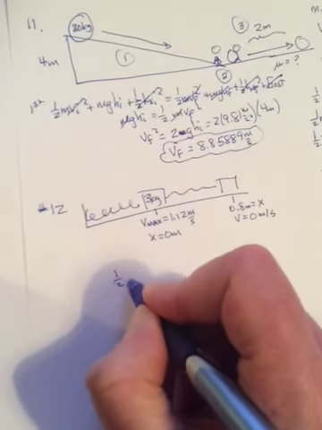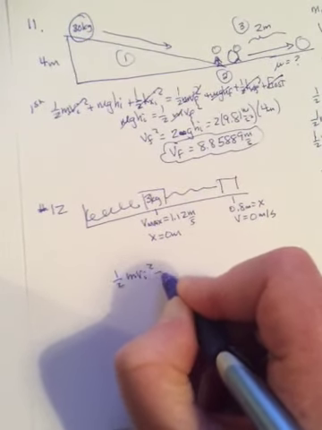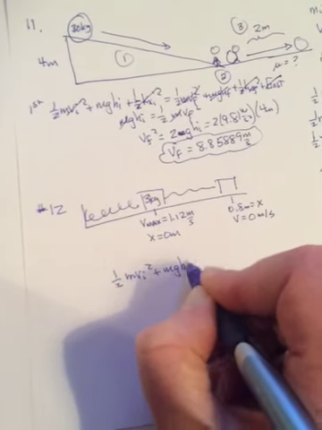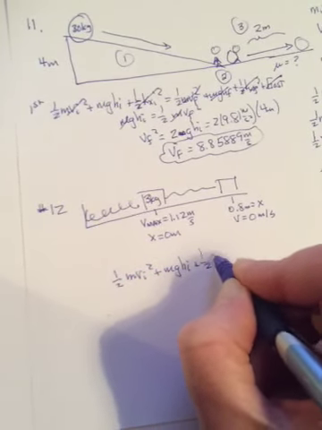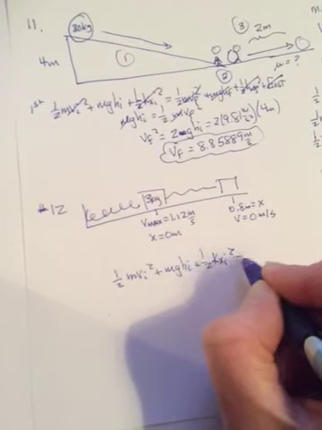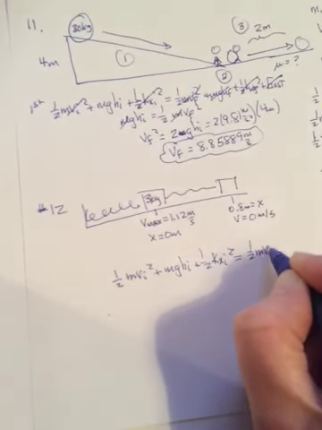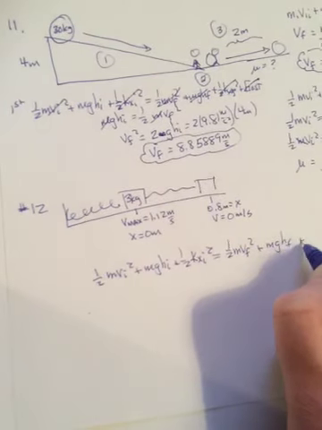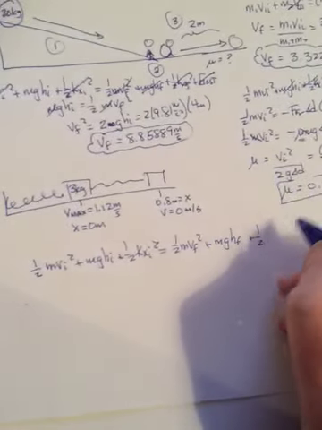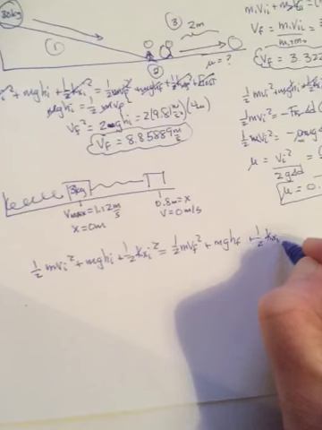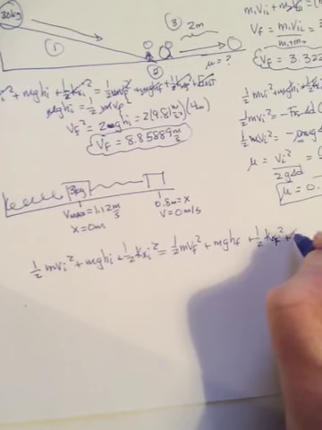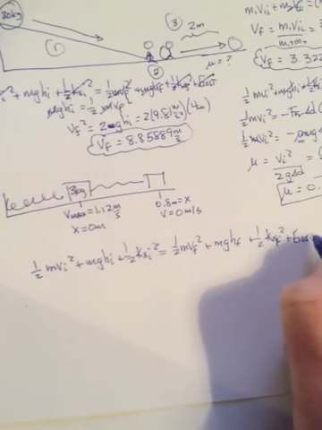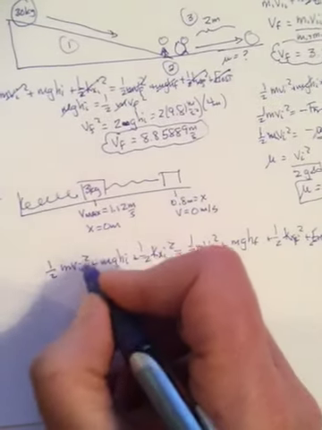So energy again, 1/2 mv initial squared plus mg h initial plus 1/2 kx initial squared is equal to 1/2 mv final squared, mg h final, 1/2 kx final squared plus E lost, and there's never any E lost with the spring, so that's gone.